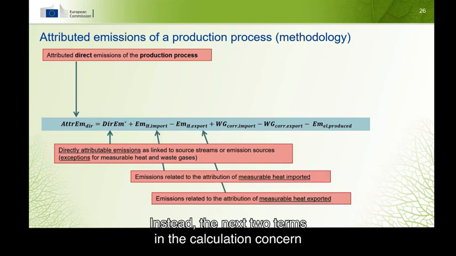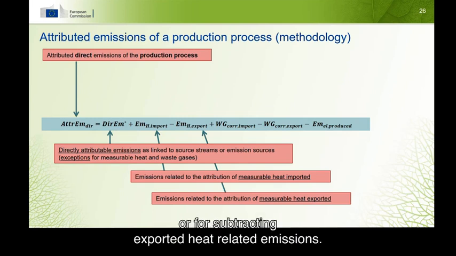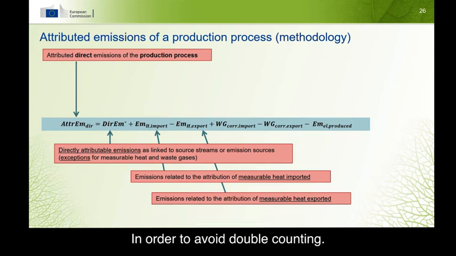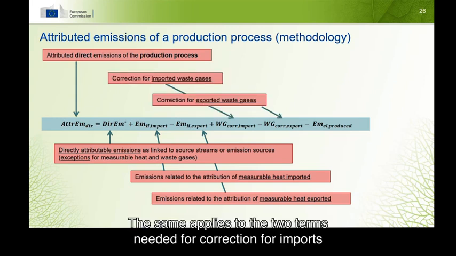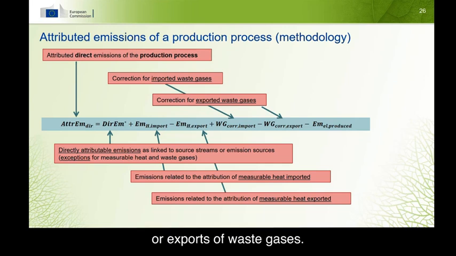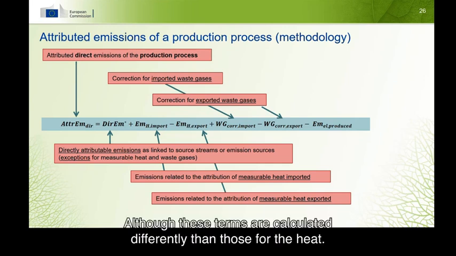Instead, the next two terms in the calculation concern the corrections for imports of heat, as just mentioned, or for subtracting exported heat-related emissions in order to avoid double counting. The same applies to the two terms needed for correction for imports or exports of waste gases, although these terms are calculated differently than those for the heat.